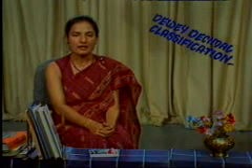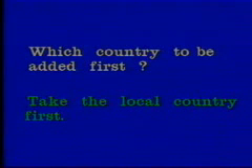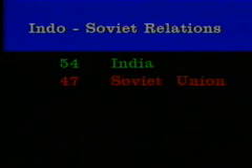When you look in the schedule, you will find the number 327 is given for foreign policy. Under this number, there is a direction to add the countries involved. While adding two countries, there are also further directions on which country to add first. Always take the local country first. In this case, India is to be taken first.